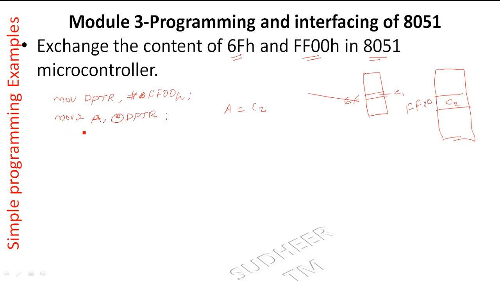After executing MOVX A, @DPTR, our accumulator will be loaded with C2. Now we can take the data to any register or to 6F.